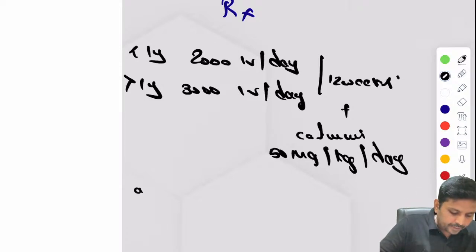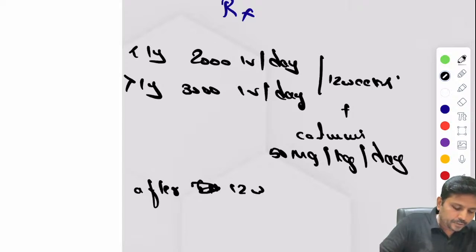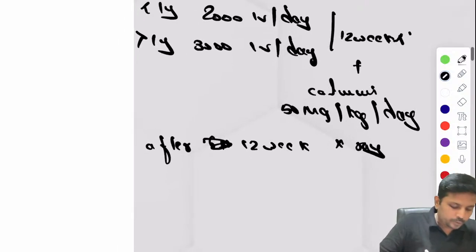And then after 12 weeks you need to take an X-ray to look for zone of provisional calcification.